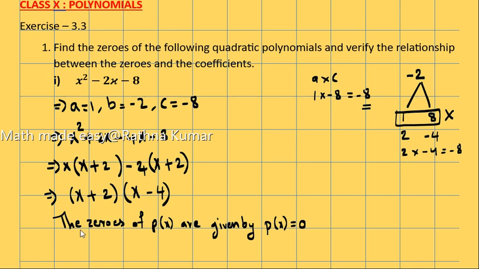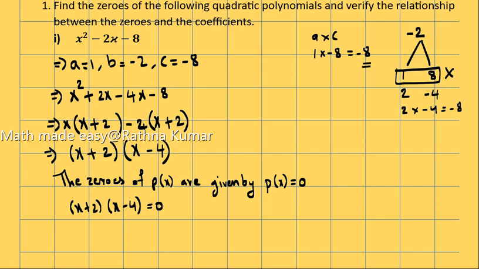The zeros of p of x are given by p of x equal to 0. That means x plus 2 into x minus 4 is equal to 0. The product of these two is equal to 0, that means one of these is equal to 0.